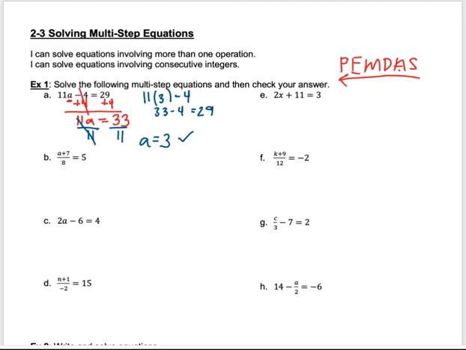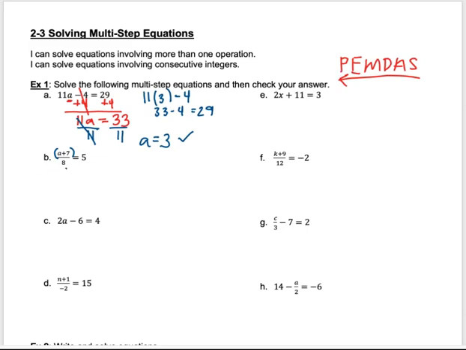Now, we would think that I would need to get rid of the add 7 first, right? But this division bar actually shows that I have some grouping symbols. So I'm going to get rid of everything on the bottom first. This is a type of parentheses, so I'm going to do that very last.